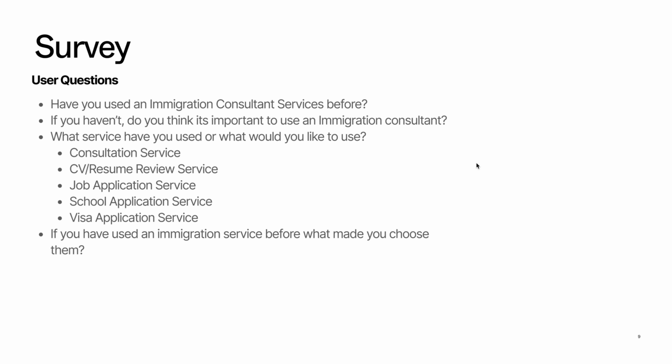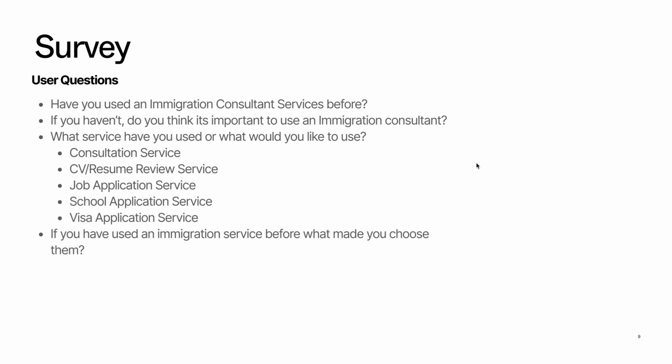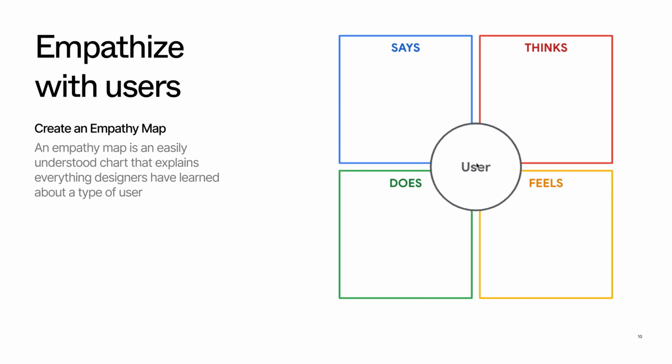So once you have all the answers from all of your users from your survey, and you also have the answers from your interview with the consultation firm, you now want to create a user empathy map, right? You want to map out everything that your users say, think, do, and feel, to give you an insight. If you've done this for a particular group of users, you want to take what most of the users are saying, what most of the users think, what most of the users do.